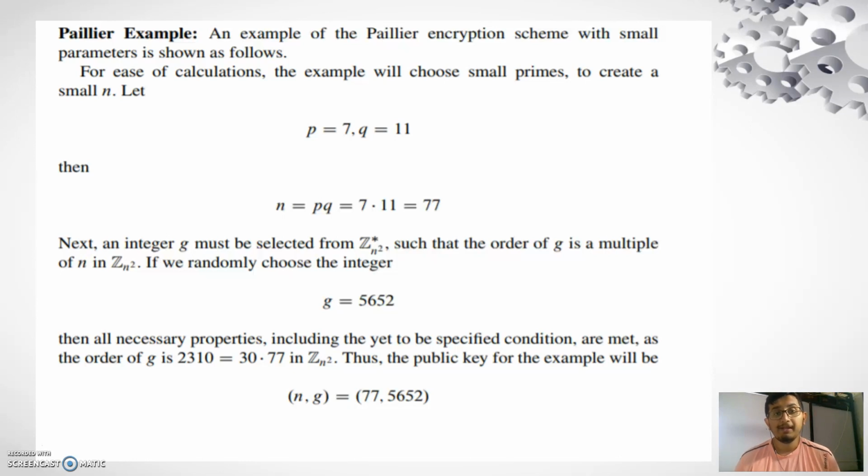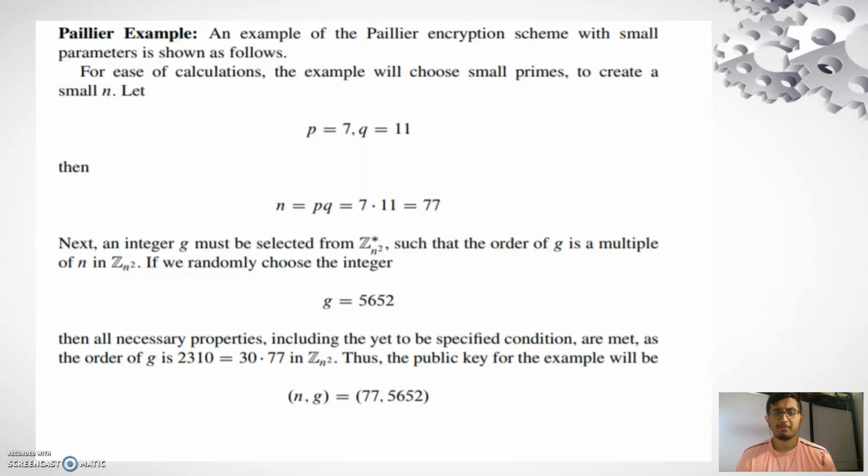Then n will be p into q, that is 7 into 11, 77. First step, we find n. Next, an integer g must be selected from Z n square, such that the order of g is a multiple of n in Z n square. Now we randomly choose the integer g as 5652.